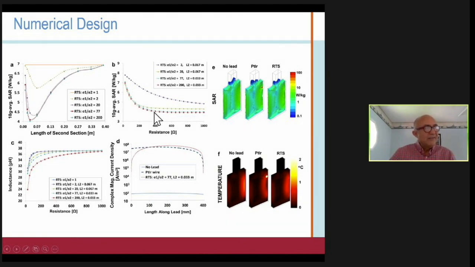sigma 1 and sigma 2 in order to have the minimum 10 gram average and still maintain pretty good overall resistivity of the wire, about 400 ohms. Usually a wire is about 100 ohms for the traditional implant. So this new design allows us to reduce the peak SAR, 10 grams, and also to bring the peak of temperature that we would otherwise have with traditional platinum iridium wires down to the case of no lead at all.